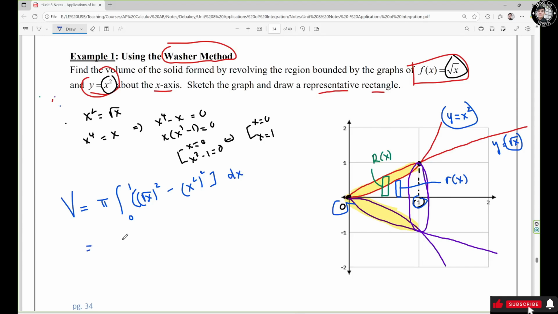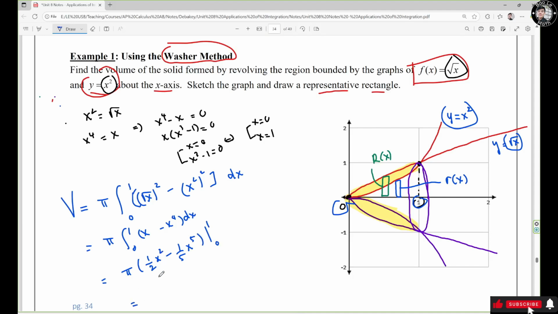Now, if you simplify, it's going to be pi times the integral from 0 to 1 of s minus s to the power 4 ds. Take the antiderivative of this one, which is pi times 1/2 s squared minus 1/5 s to the power 5, evaluated from 0 to 1.